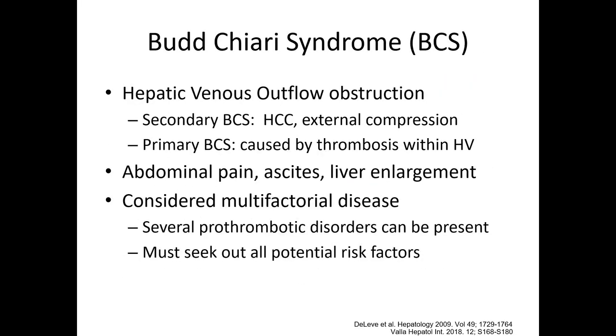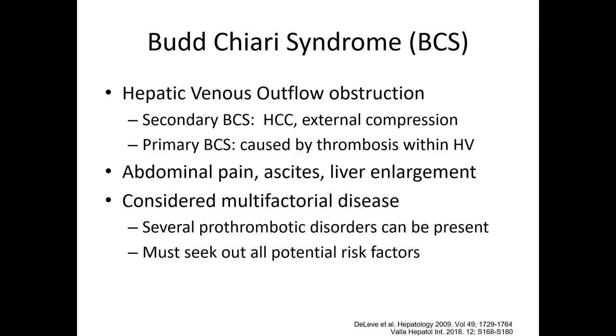Moving on to Budd-Chiari syndrome, which is also known as hepatic venous outflow obstruction. There is secondary Budd-Chiari syndrome, which can occur from tumors such as HCC, as well as external compression from strictures or scarring, and primary Budd-Chiari syndrome, which can be caused by thrombosis within the hepatic vein itself.